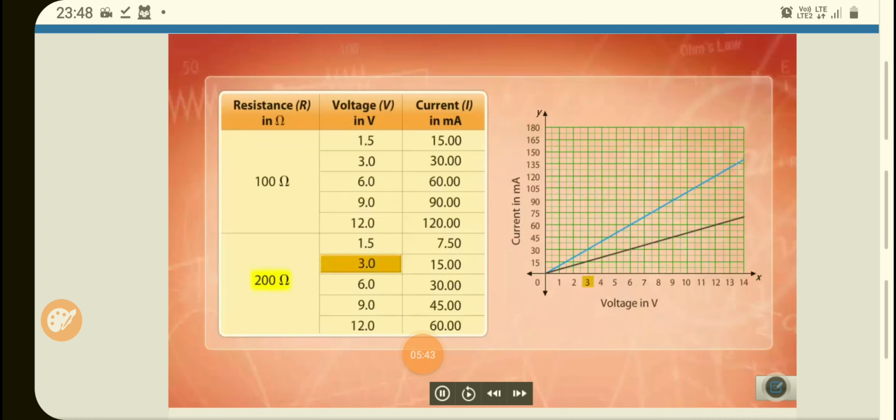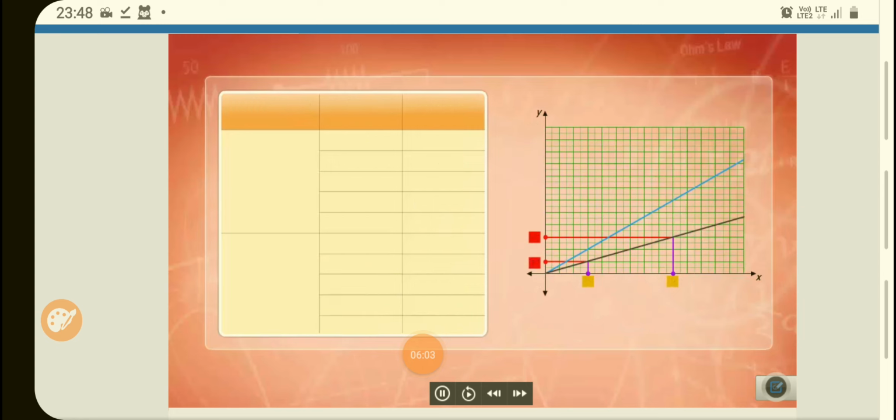You can also see that when the applied voltage for the 200 ohm resistance is increased twofold, the current through the circuit also increases twofold. When the applied voltage is increased threefold, the current through the circuit also increases threefold.